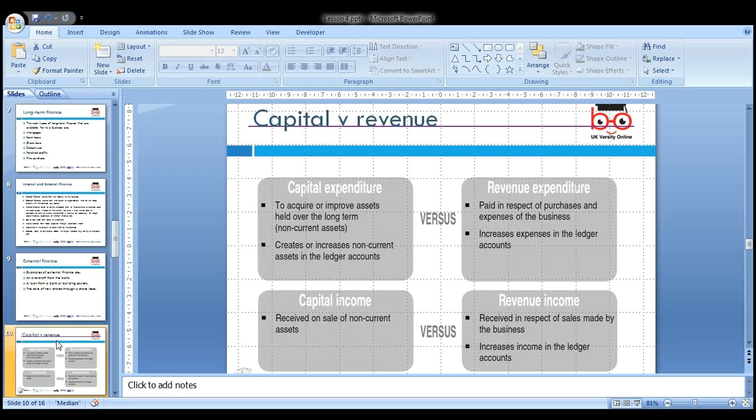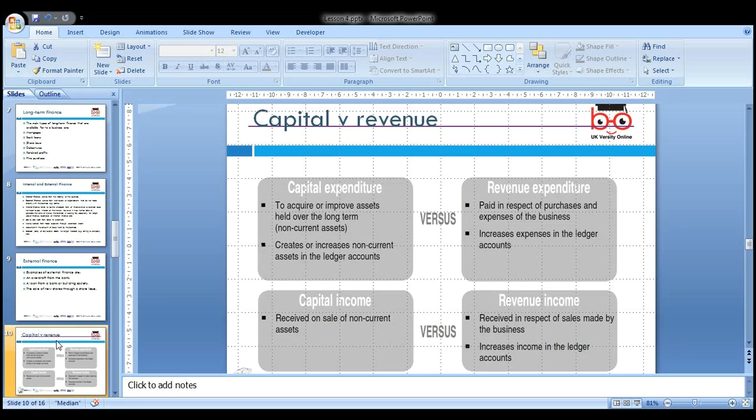That's the good debt, like investing money in assets, in properties and plant. When you buy day-to-day things, that's revenue expenses. Capital improves the asset base for a long period of time, creating and increasing non-current assets.